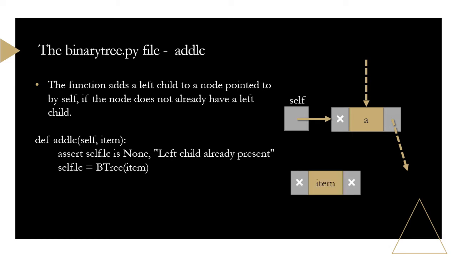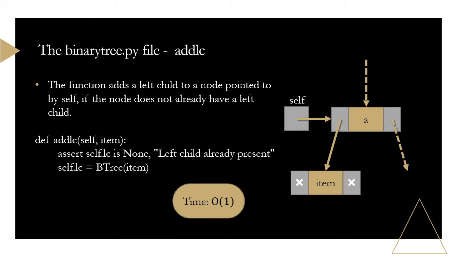This results in creation of another node which contains item. The full line says self.lc equals BTree(item). So this happens. Pointer to the new node is placed in the LC field of the node pointed to by self. Now you can see that a left child has been added to the node that was given to us. Again, this takes O(1) time to be added to the given node.